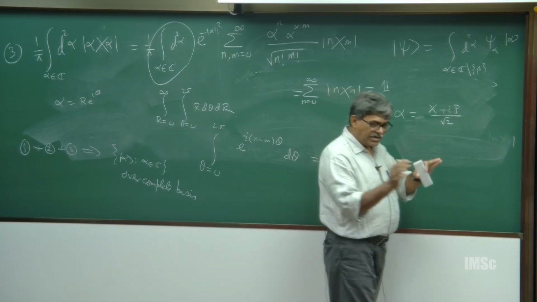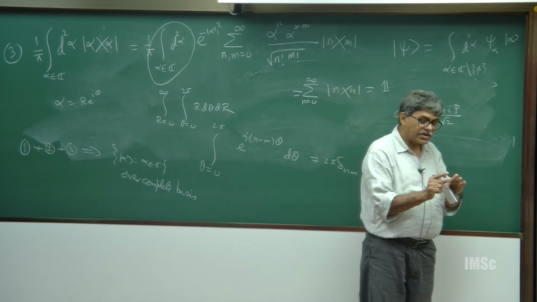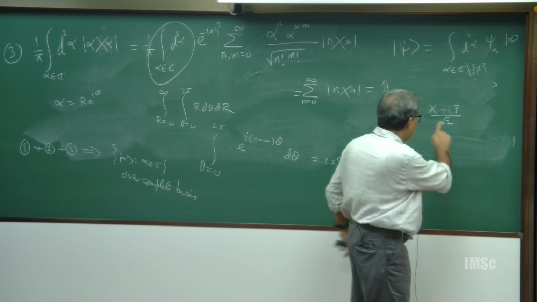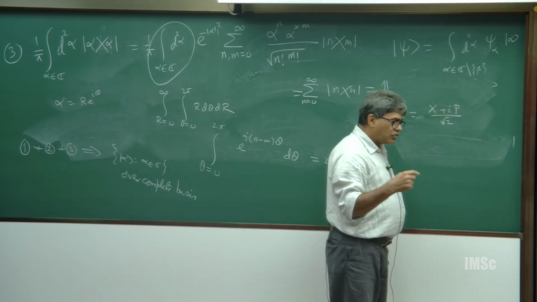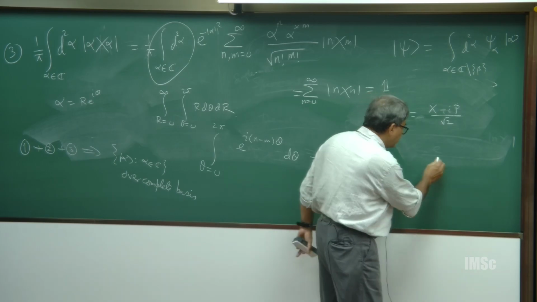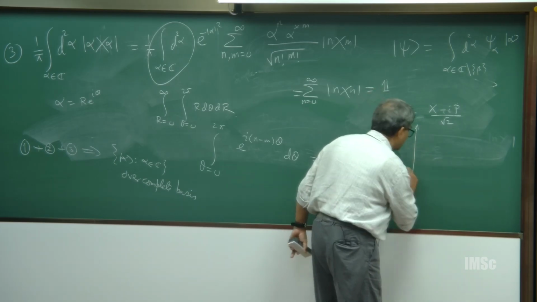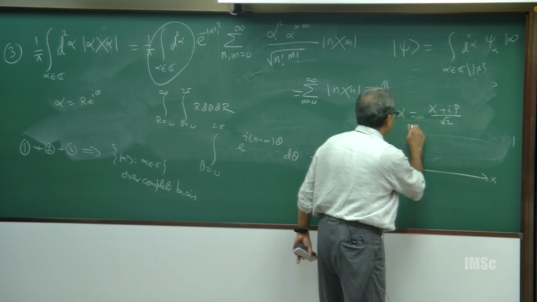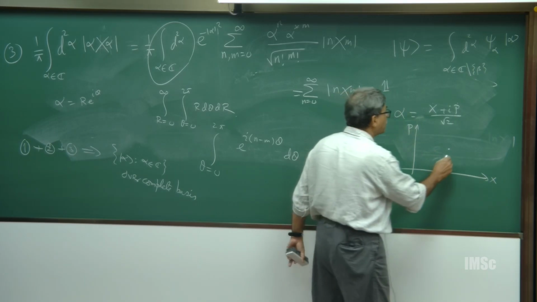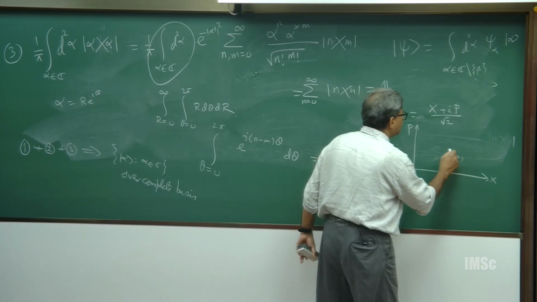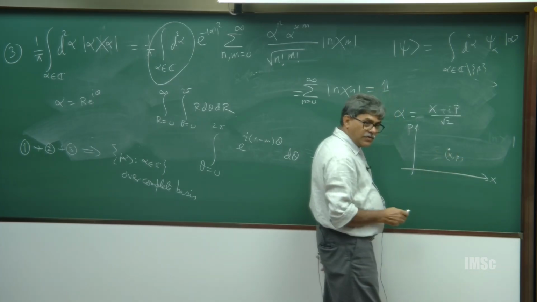So, basically it means that if I fix this x and p for a classical light, which I can always do, then let us say this is my x and p. If I fix a point here which corresponds to x and p, these are the values.